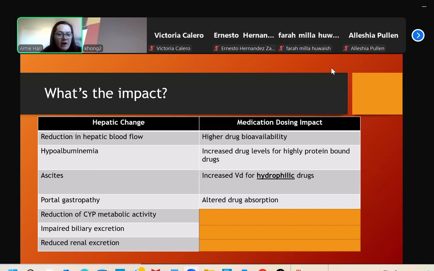For portal gastropathy, we're going to see altered drug absorption. Don't really worry, like there's not a good question I can ask you about that, so don't worry about that one. Because as our liver damage gets worse, we have decreased CYP metabolic activity. What happens to our drug metabolism and concentrations?